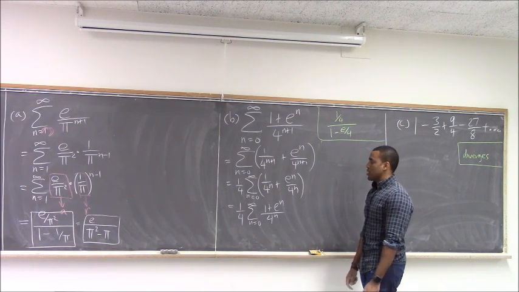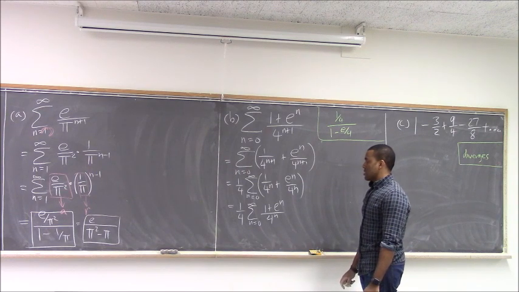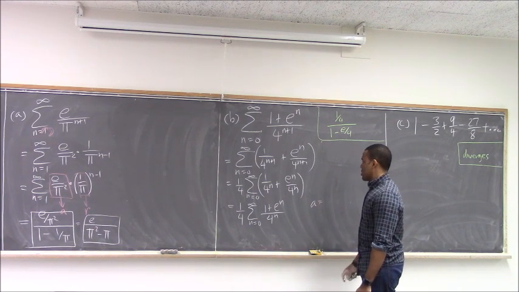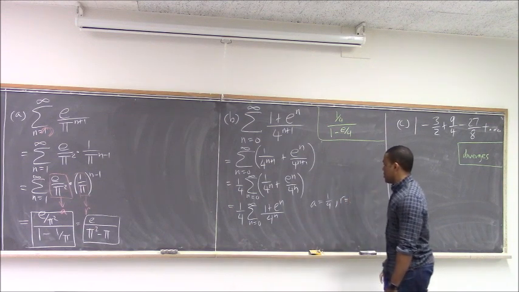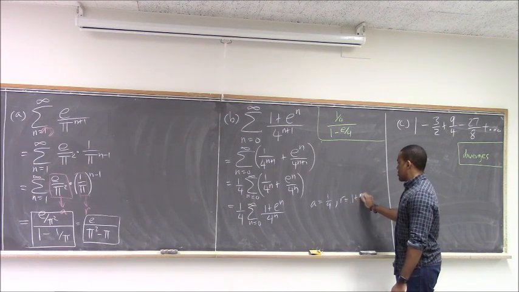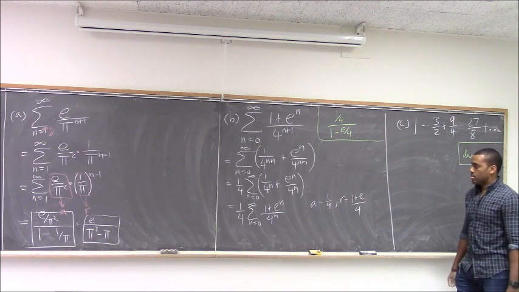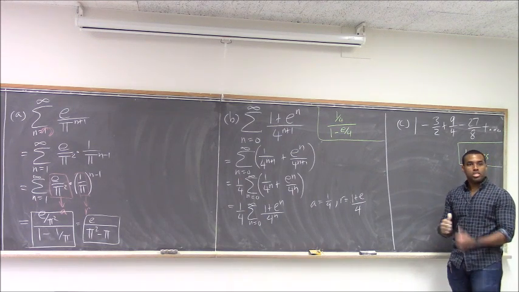I'd say the fourth was the A, and then that whole thing there is raised to the n. So A equals 1/4, and then your r is supposedly 1 plus e over 4. Make sense?